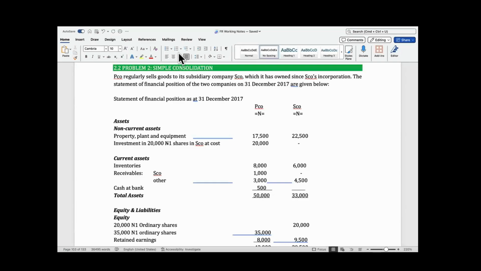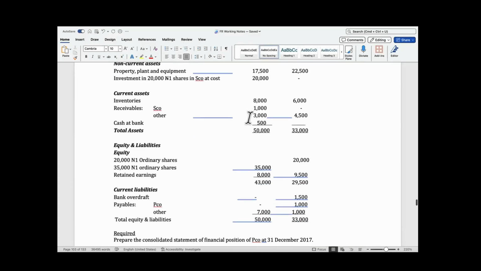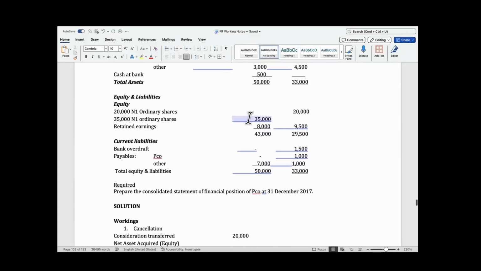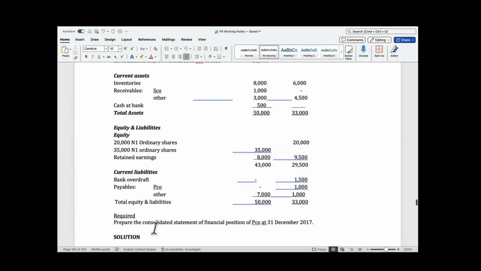The statements of financial position of the two companies on 31st December 2017 are given below. All figures are assumed to be correct. Required: Prepare the consolidated statement of financial position of PICO at 31st December 2017.